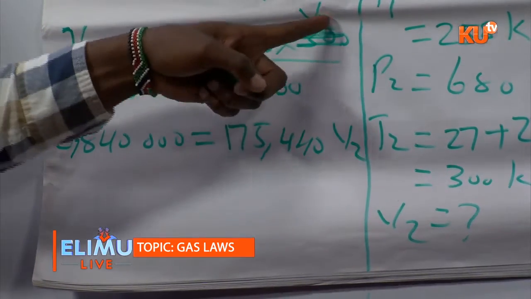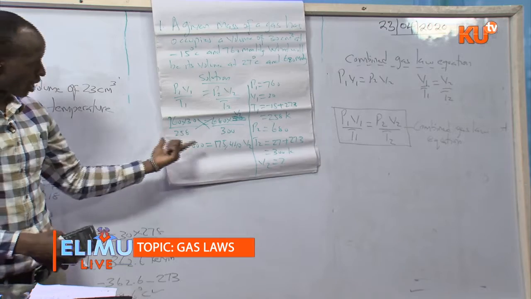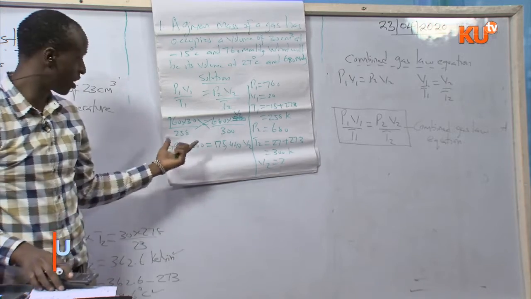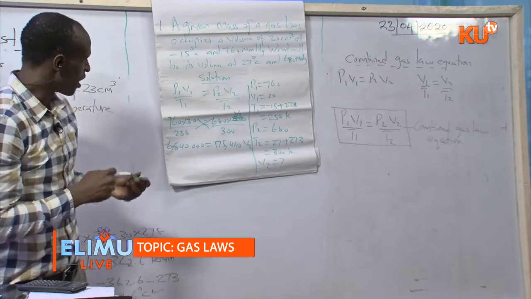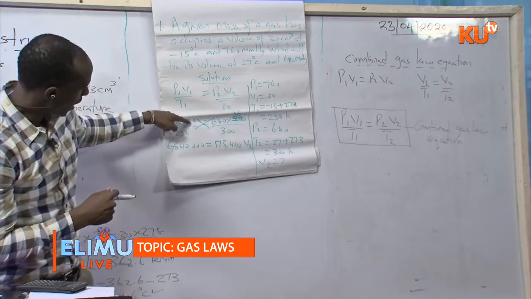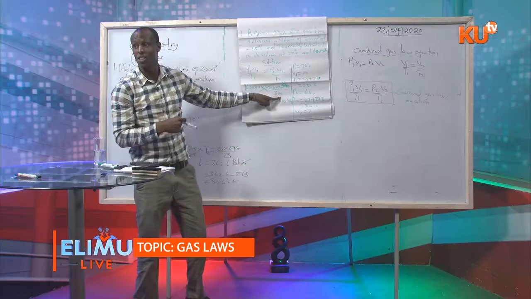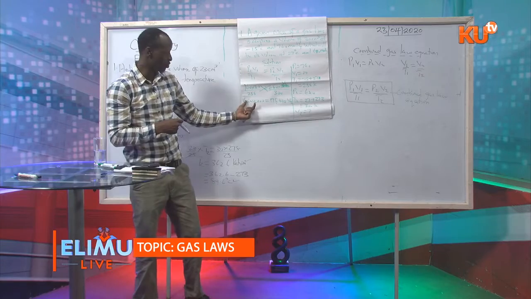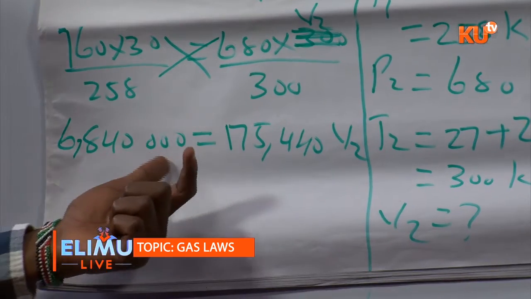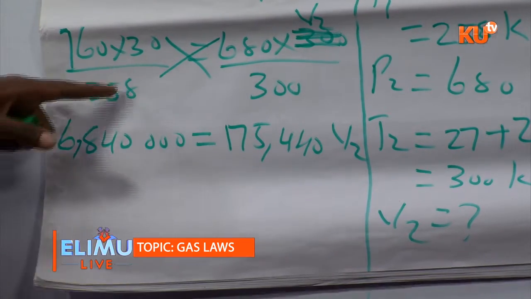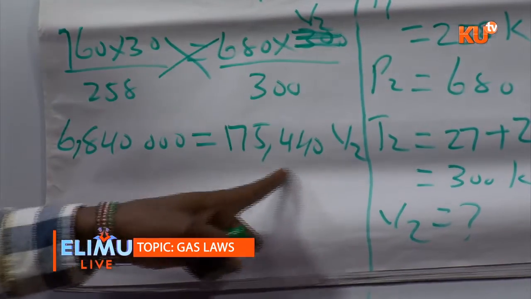Where is the V2 coming from? Here. Let me repeat where we are getting these values so you don't think it's a budget. So 760 times 30 times 300, that we did cross multiplication, that gave you 6,840,000. 258 times 680 times V2 give you this.